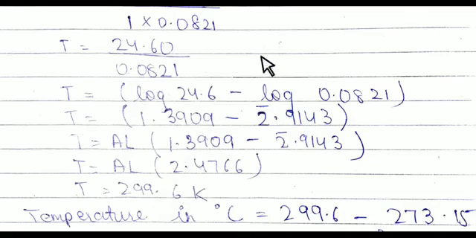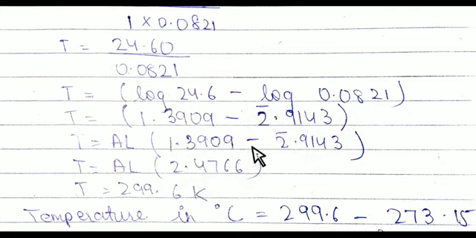See student, we are applying here log 24.6 minus log 0.0821. Before the decimal point in log there are 2 digits, minus 1, so it will become 1 point. Here if there are 0s at the start, we have to apply bar 2. Calculate the number of 0s and write it in the bar form. So it is bar 2.9143. Just minus both the digits, we will get 2.4766.